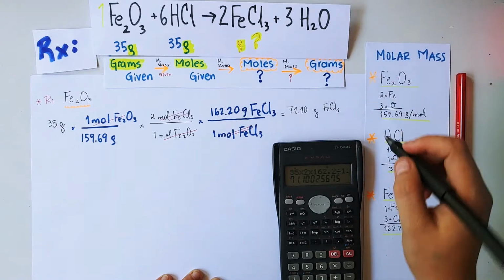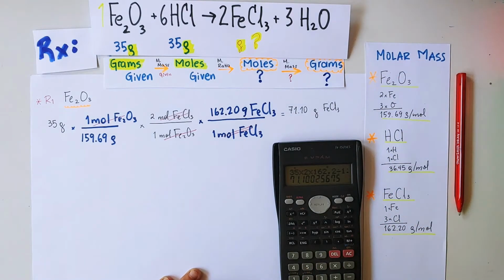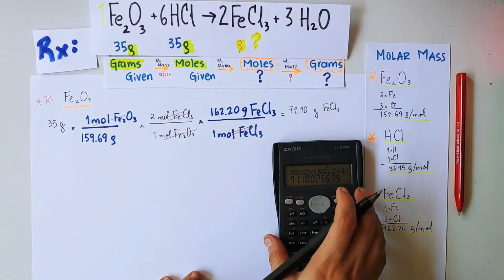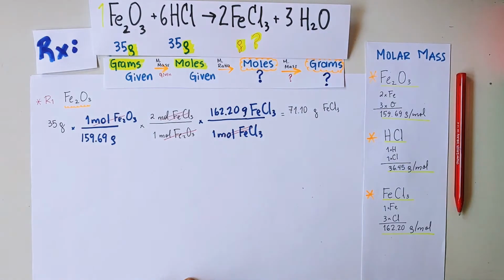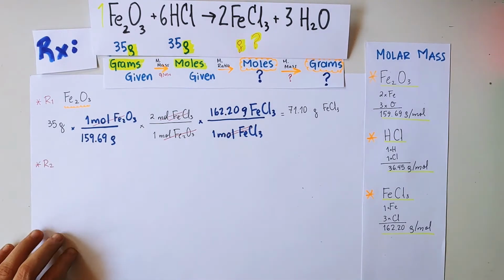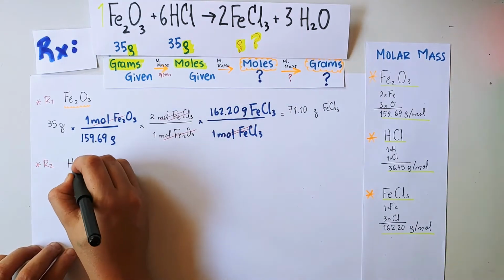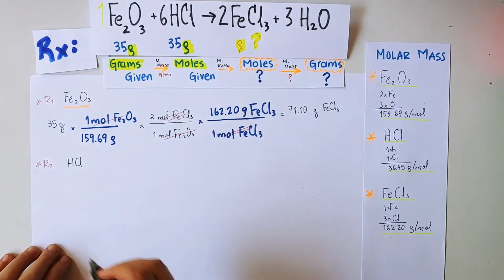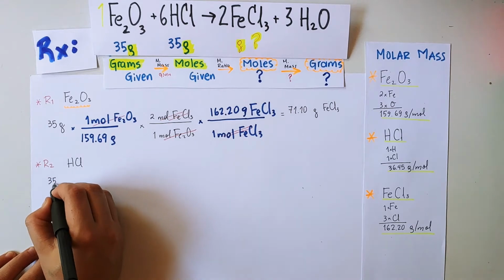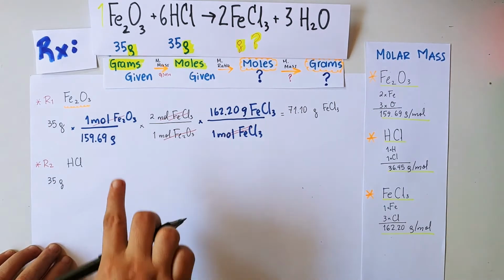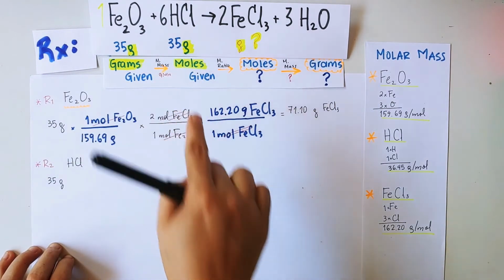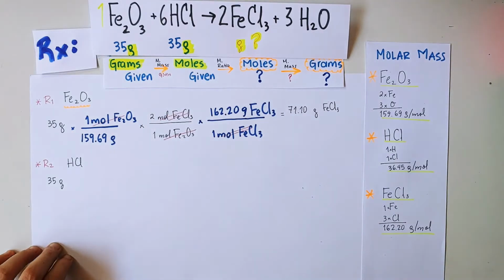That is the first answer that I get, and I need to compare it with the second reactant. So I work with the second reactant from now. My second reactant is HCl, and they are giving me 35 grams. So from grams given to moles given, I need to use the molar mass of the given.